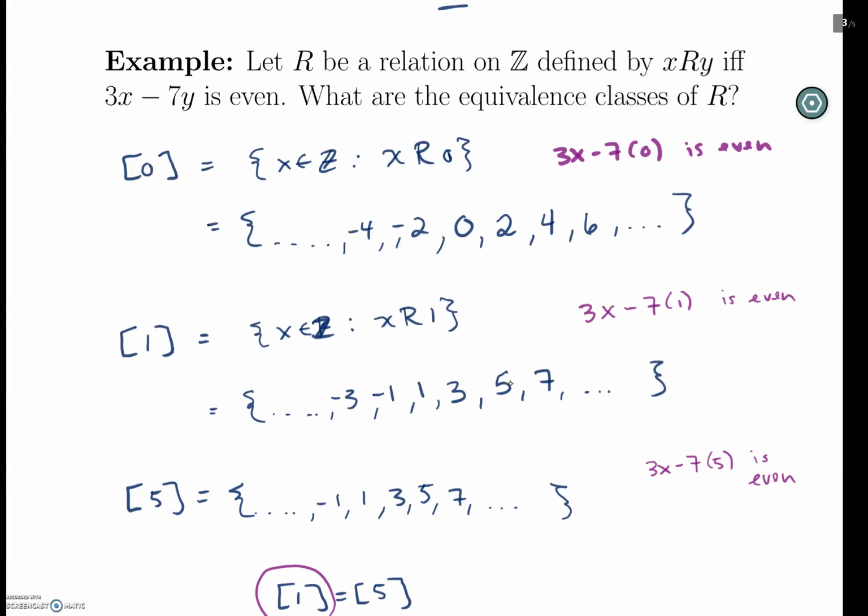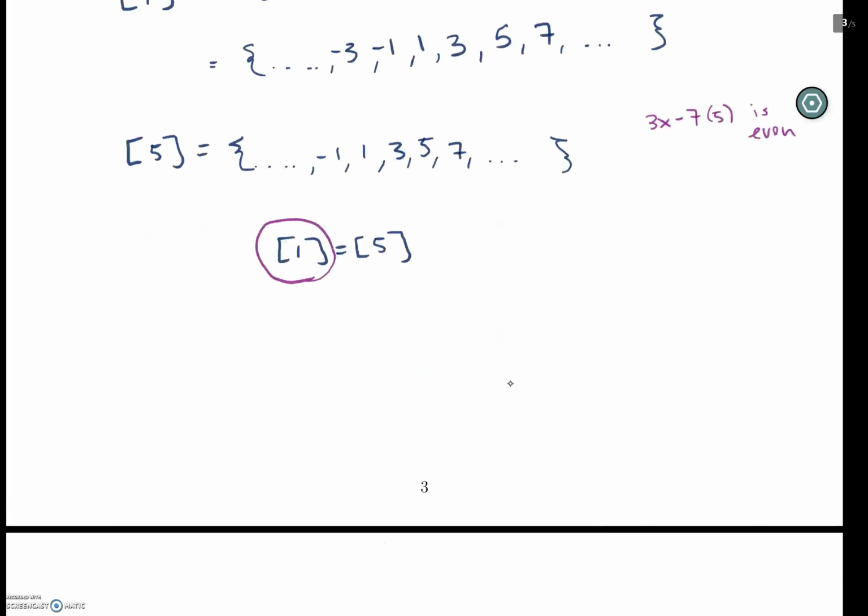All of the even integers were in the equivalence class of 0, and all of the odd integers were in the equivalence class of 1. Together, the union of the equivalence classes of 0 and 1 makes up all of the integers, but the intersection of those two sets is empty. Hence, the equivalence classes of a relation form a partition.